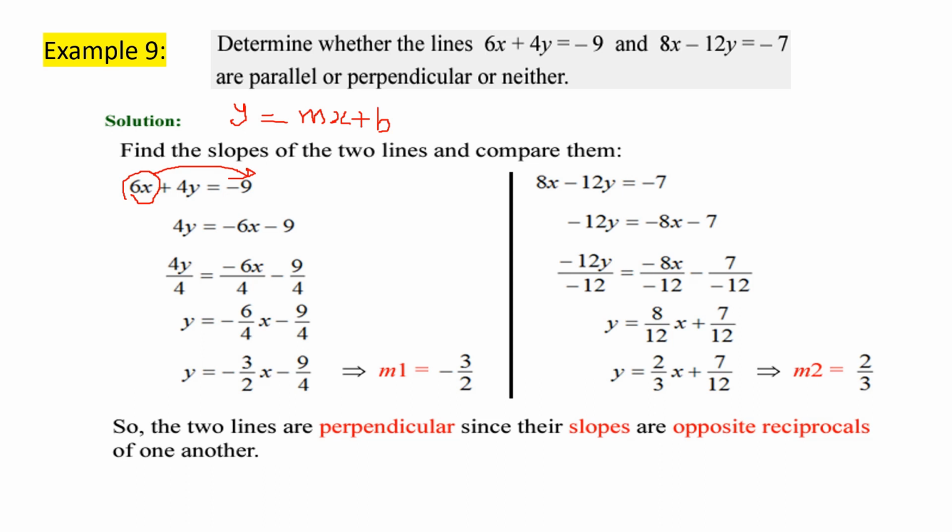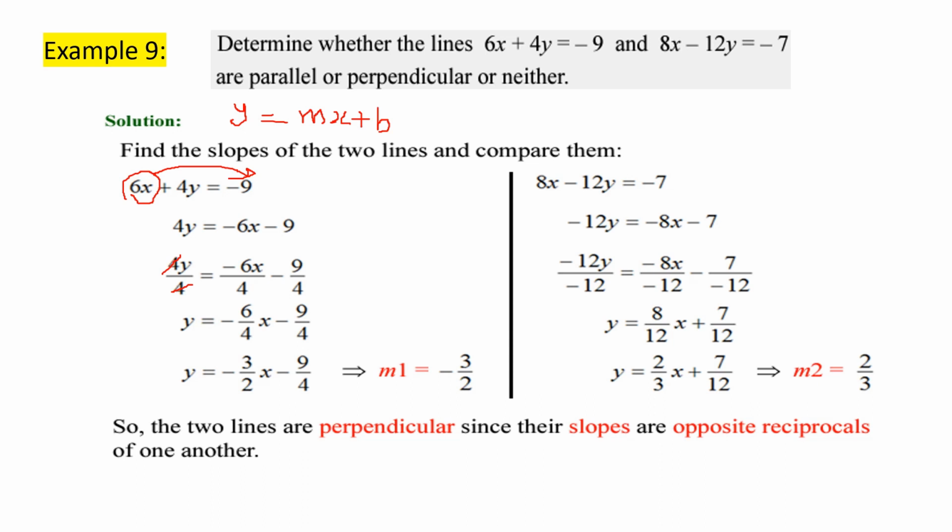So positive 6x will become negative 6x. Then I should keep the coefficient of y as 1, and here I have 4, so the entire equation will be divided by 4, and that 4 will be cancelled. So we get y equal to negative 6 over 4x minus 9 over 4.